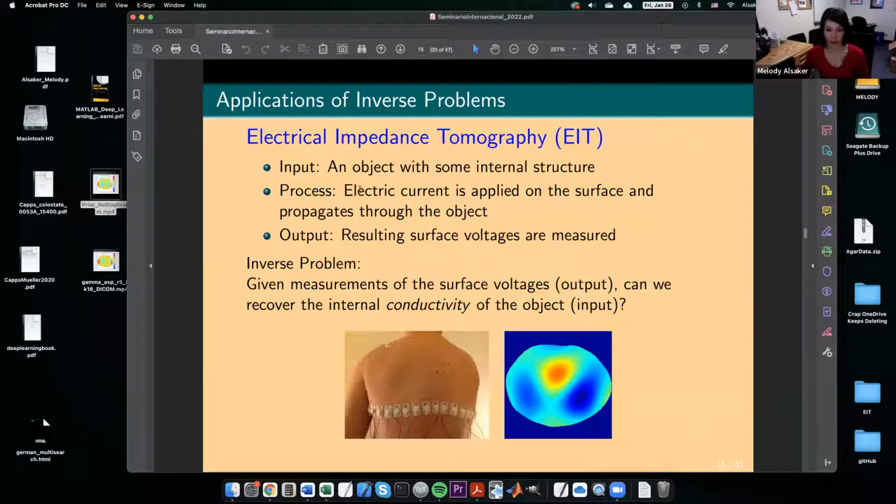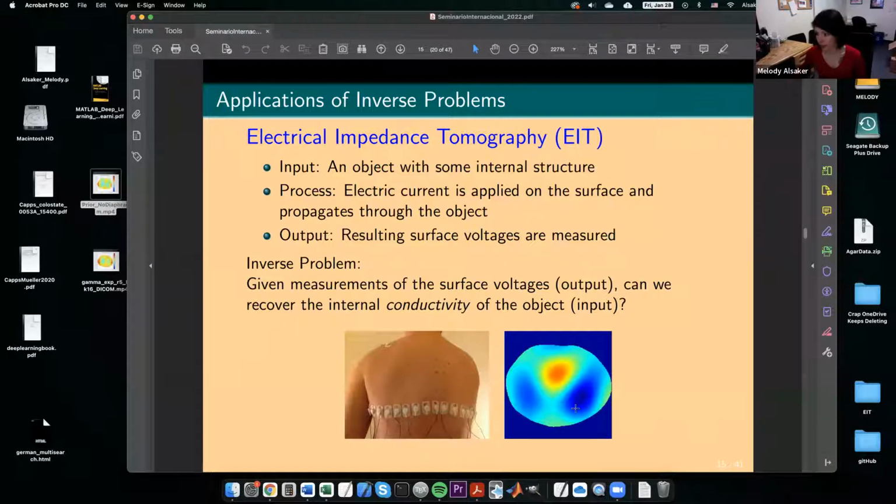And we apply electrical current. This electric current propagates through the domain, and this results in a surface voltage distribution on the domain. So the inverse problem is: given the measurements of the surface voltages, and of course we know what currents we applied to begin with, can we recover the internal conductivity of the object?